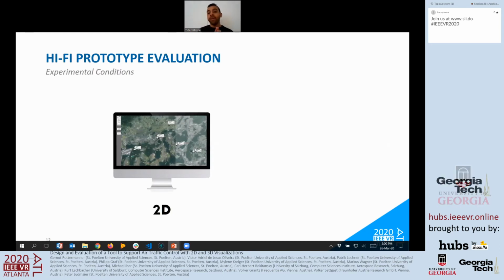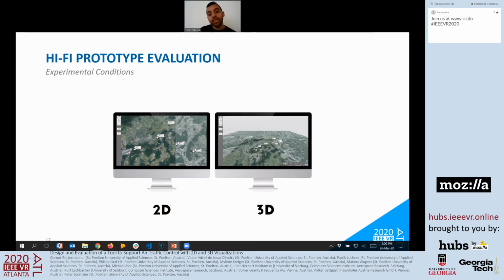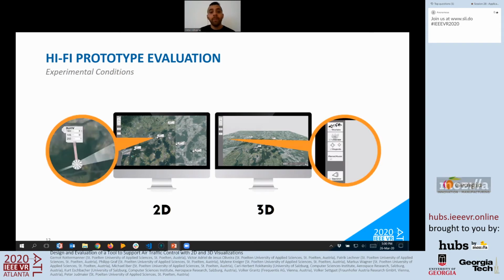So that's why we defined two conditions then. For our 2D condition, we fixed the interface in the orthographic view. And for the 3D condition, we fixed the interface in a perspective view. And for both of them, controls and information about airplane are kept the same in both conditions.